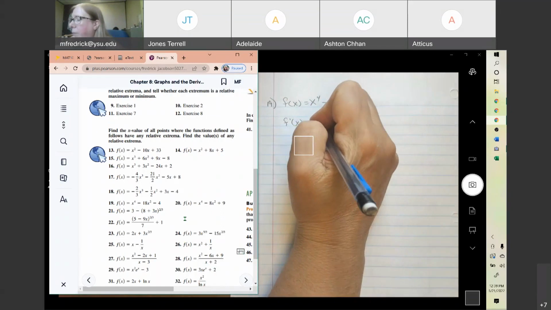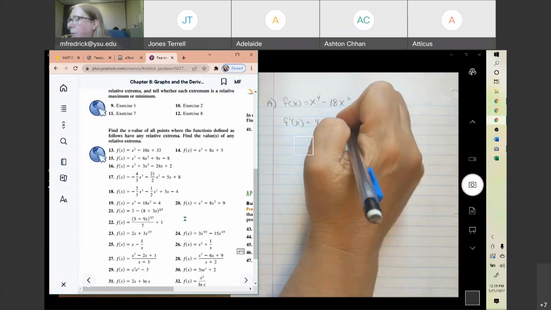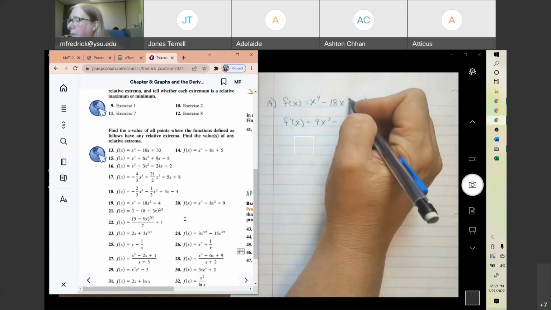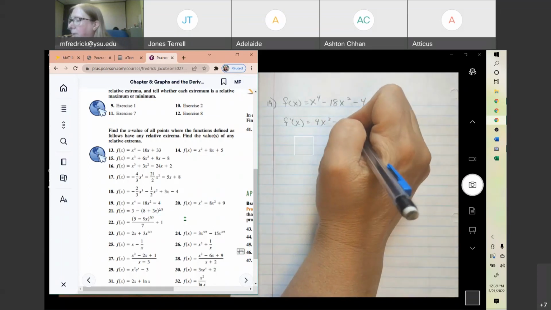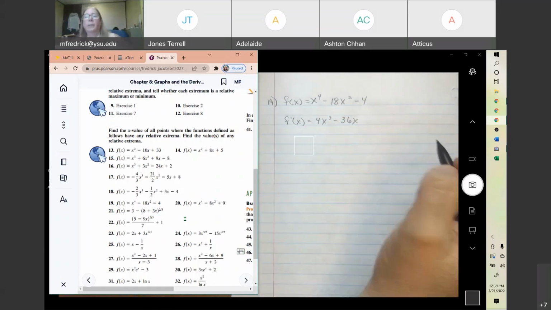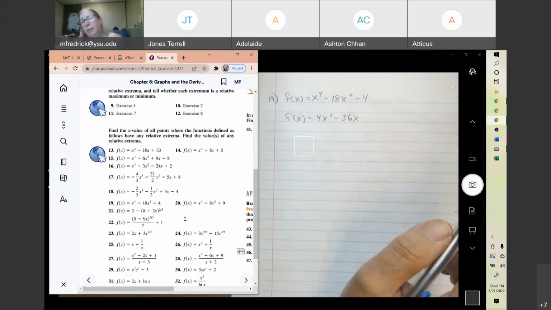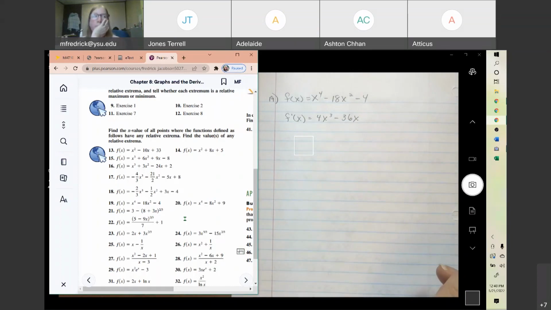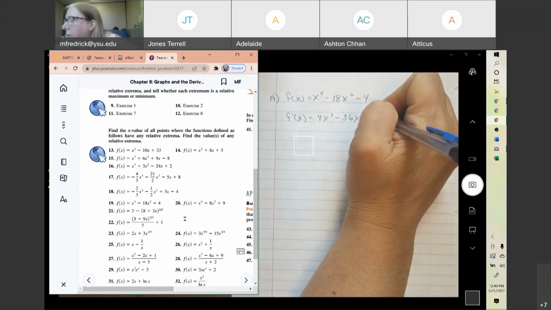We have 4x cubed minus 36x. And the 4 goes to 0. Any questions on that part? Okay, so then we want to set it equal to 0 and solve.